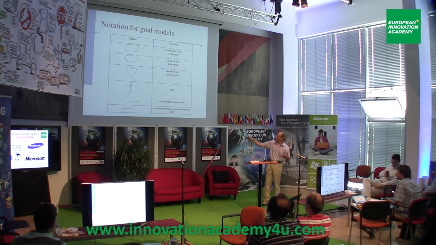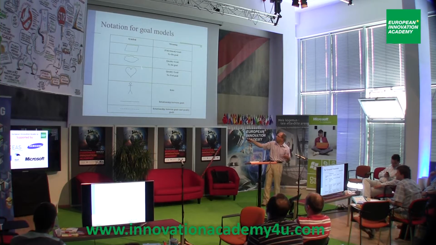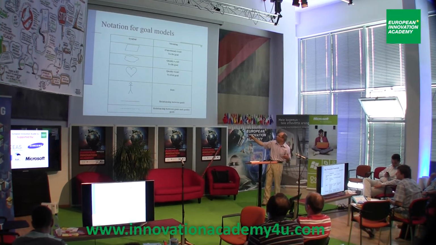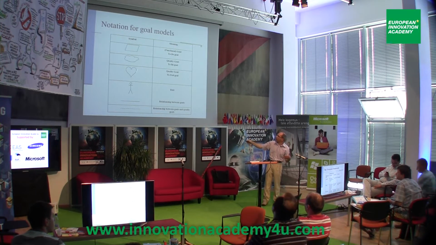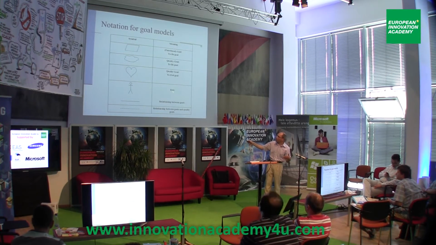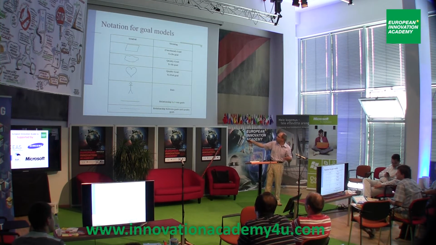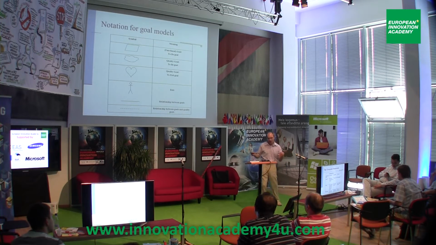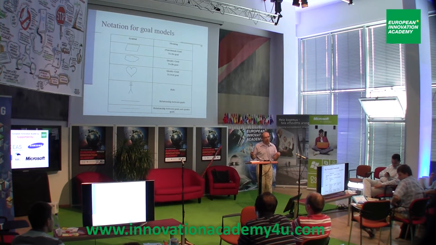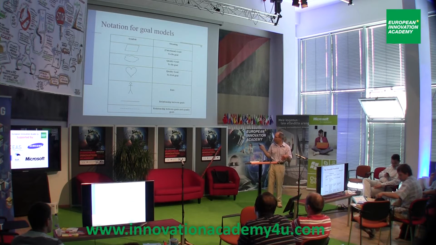This kind of rectangle stands for functional goals, the cloud for to be quality goals, the heart for to feel quality goals, the stick figure for roles, not for actors as in UML, but for roles. And then we represent the relationships between goals like this, and relationships between goals and quality goals like that. But it's not that important. It can be just a line. I'm not like a bureaucrat in this sense that it has to be this way and no other way.